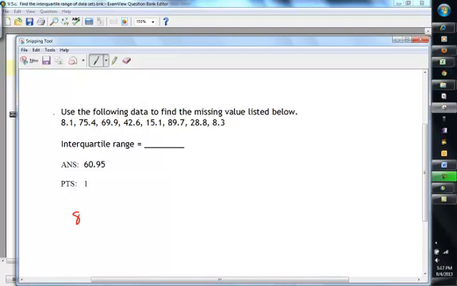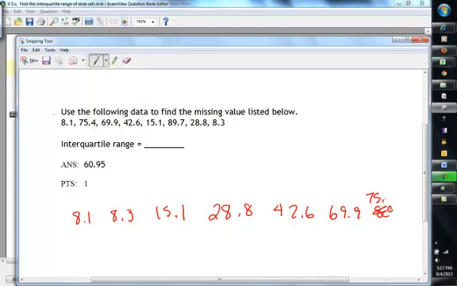Smallest value is 8.1, 8.3, 15.1, 28.8, 42.6, 69.9, 75.4 and 89.7. 1, 2, 3, 4, 5, 6, 7, 8 values.